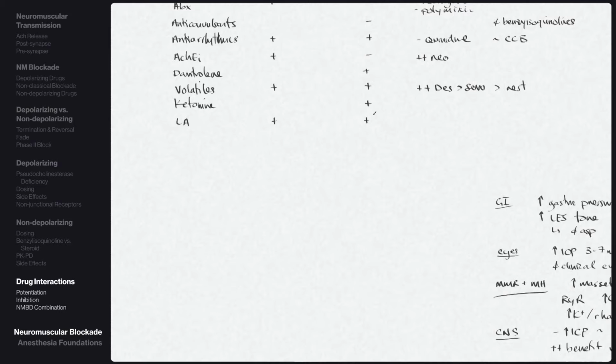It affects both pre and post, as well as potentially the muscle itself, and this is thought to be displacing calcium to potentially lead to worse muscle contraction. This is mostly seen at high doses.